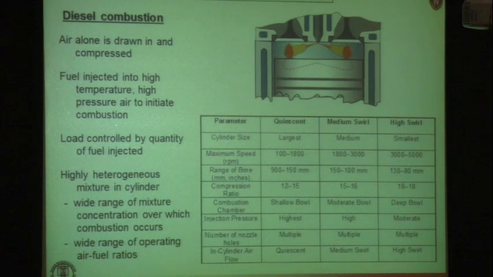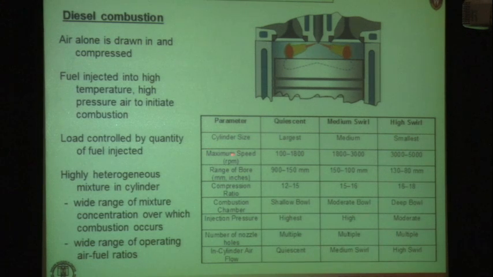Load is controlled by the quantity of fuel that you inject. And actually, if you can see from this picture here, you have a highly heterogeneous mixture. Locally, you can have very high equivalence ratios within the spray region, and outside of the spray region, obviously, just air. So there's a wide range of mixture concentration spatially within the combustion chamber.